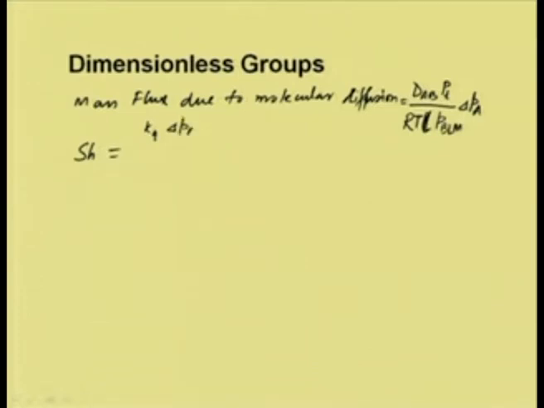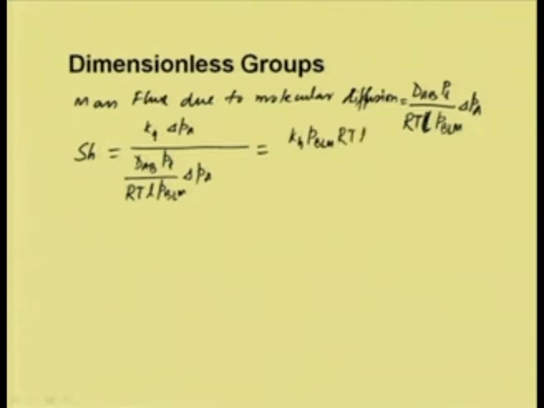which is convective flux, divided by DAB PT by RT L PBLM into delta PA, which is equal to Kg PBLM RT L divided by DAB PT, PT is the total pressure.